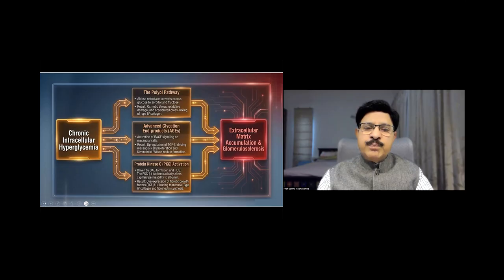driving the mesangial cell proliferation and nodule formation. Finally, PKC activation, protein kinase C activation, driven by DAG formation and the ROS, the reactive oxygen species. DAG is diacylglycerol. This results in overexpression of the fibrotic growth factor TGF-beta 1, leading to massive type 4 collagen and fibronectin synthesis. All these result in extracellular matrix changes and accumulation and glomerulosclerosis.